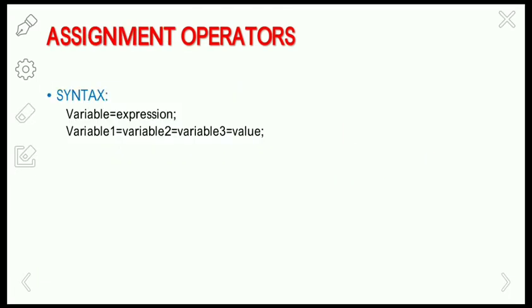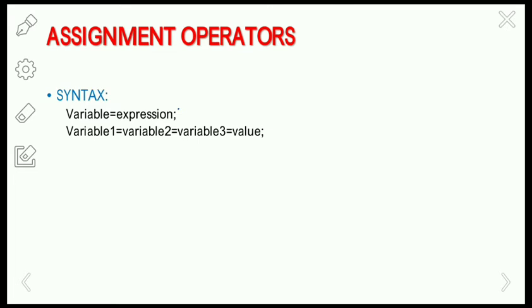And coming to the assignment operators. In the C programming language, values for the variables are assigned using the assignment operators. Here we are given the variable name and the expression.